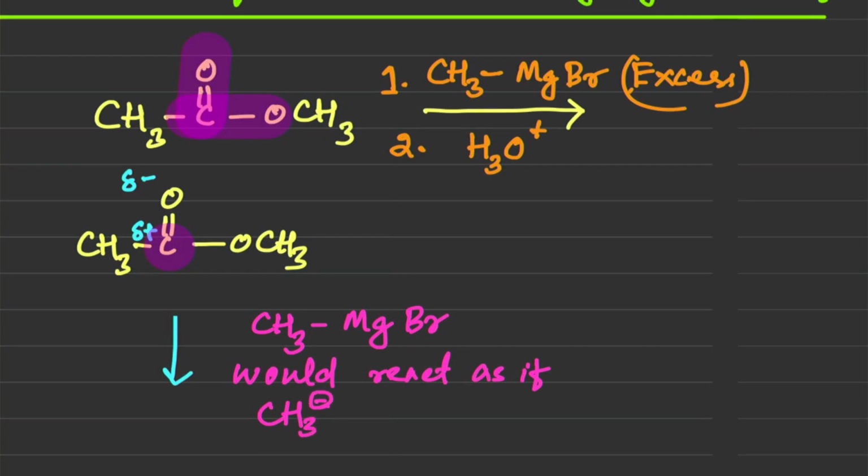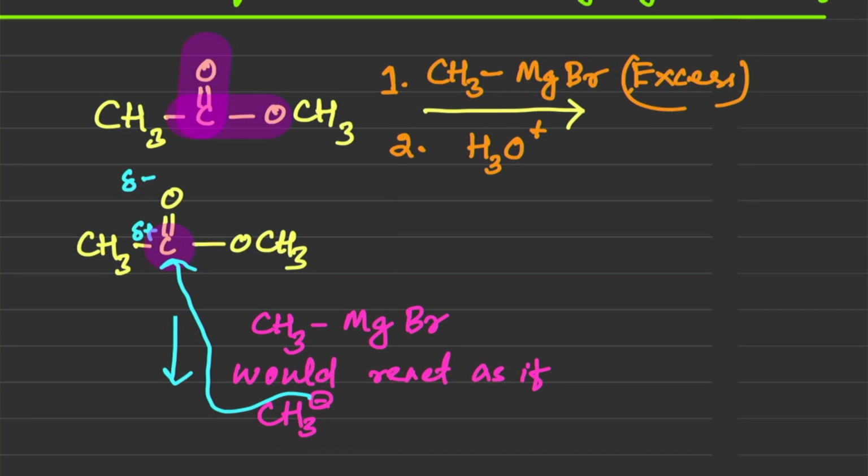Carbon is more electronegative than magnesium, so it will get these two electrons and become negative. So it will react as if this is CH3 minus. You can simply attack the positive with the negative. So we have the negative here and attack.